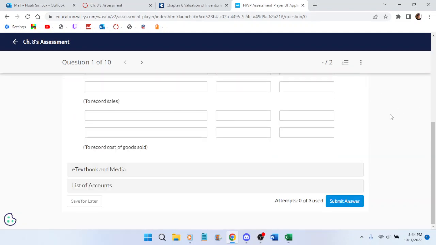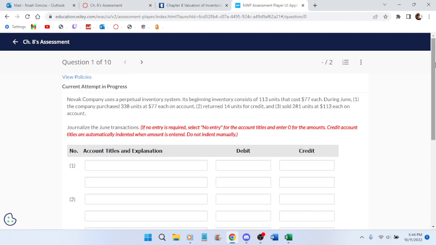This is part 8. This is the whole question. Perpetual inventory. Beginning inventory. They purchased these. Okay, so we have 4 different things here. First of all, you're going to purchase inventory.